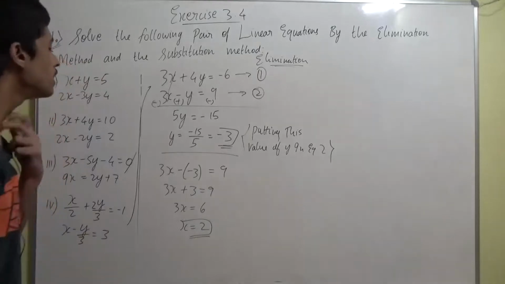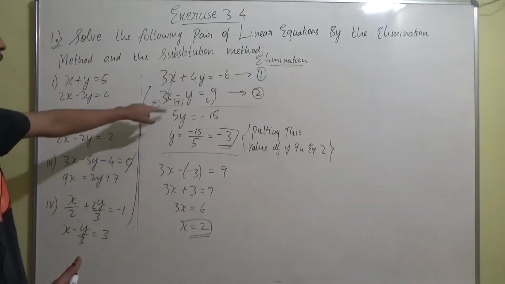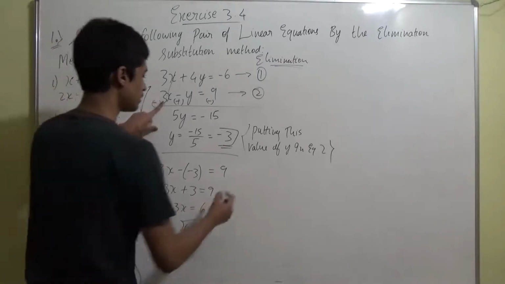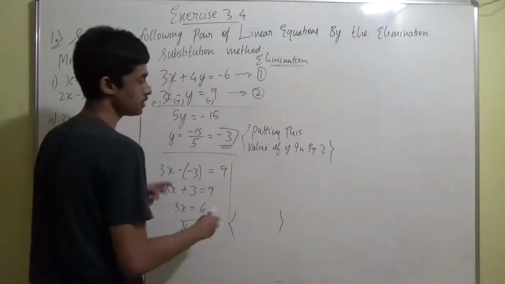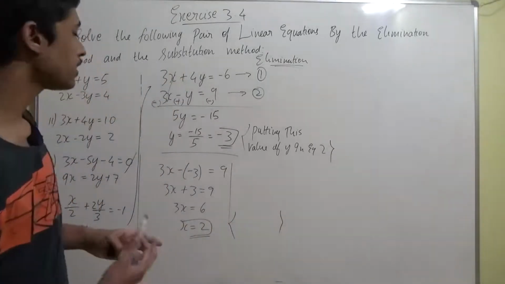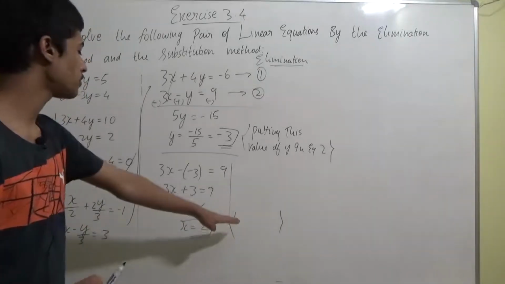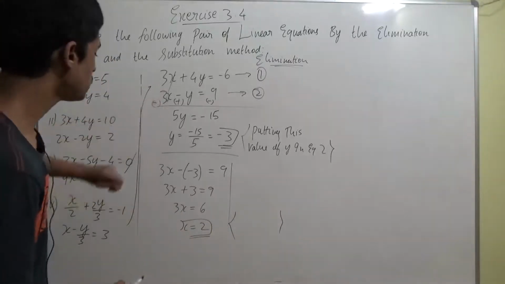Now we have to find the value of y. How will you find the value of y? By putting the value of x in any of these two equations. Let me put it in equation 2. I'm writing it always, so by now you would have practiced it. Putting this value of x in equation 2, what will happen?